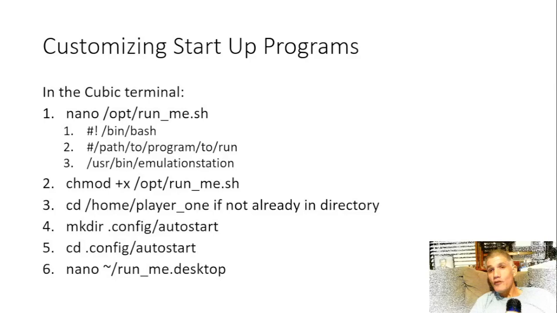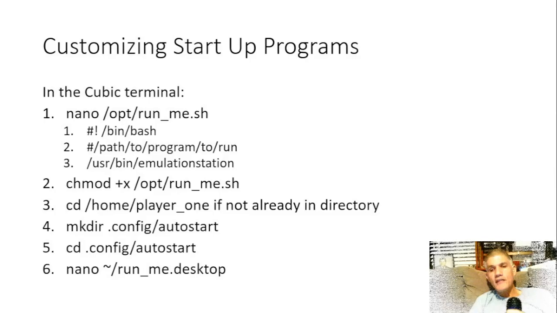And if the directory does not exist, we're going to use the make directory command, mkdir .config. We're also going to make a folder called autostart underneath that directory if it doesn't exist.